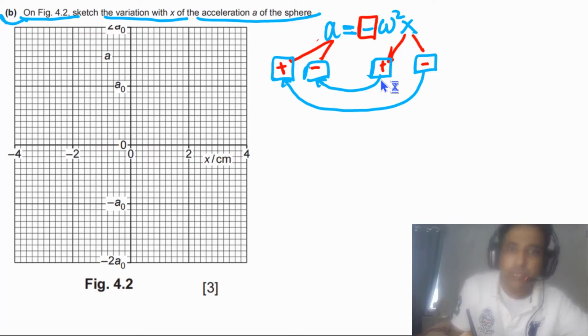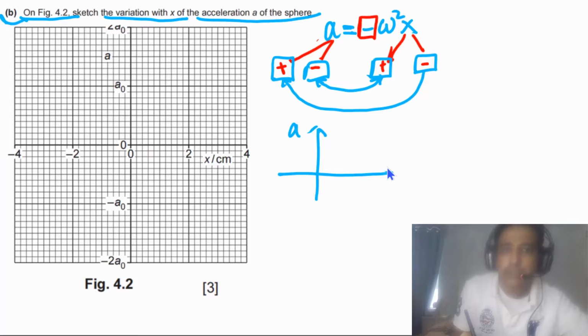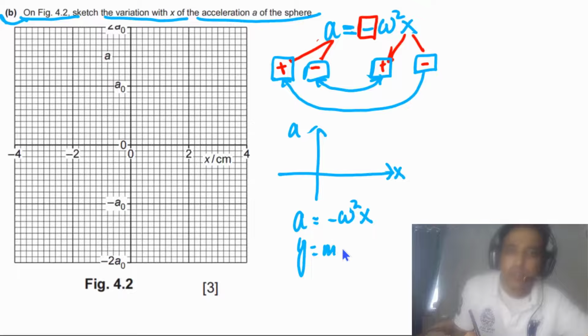Now let's try to understand, if we sketch a graph between a on the y-axis and x on the x-axis, what will be the shape of the graph? So here we have a equal to minus omega square x, and if we compare this with the straight line equation, we can see this is the gradient.